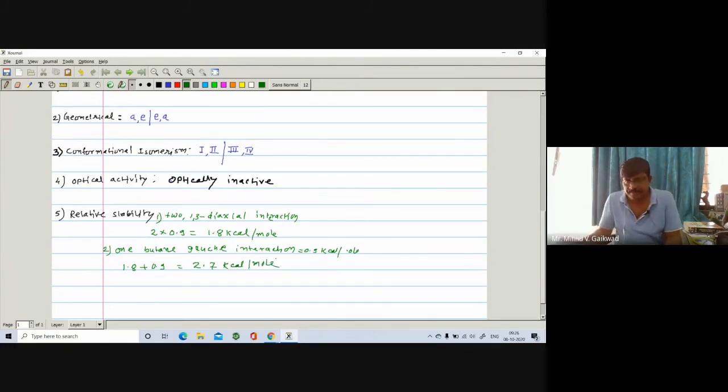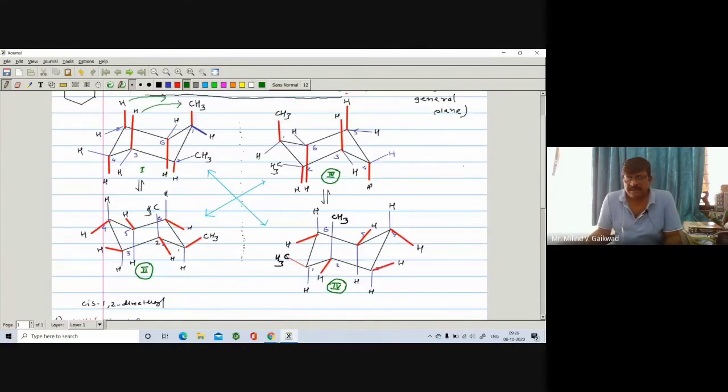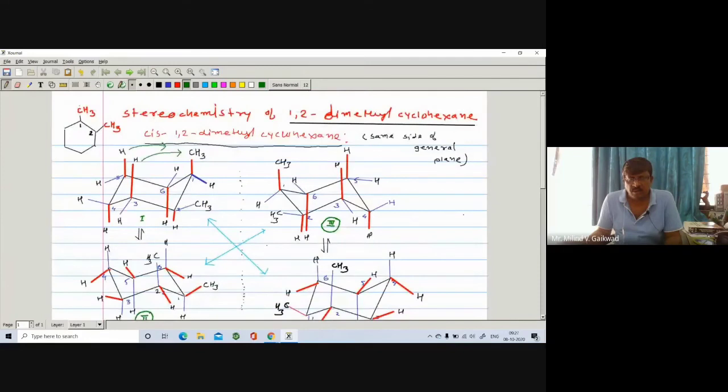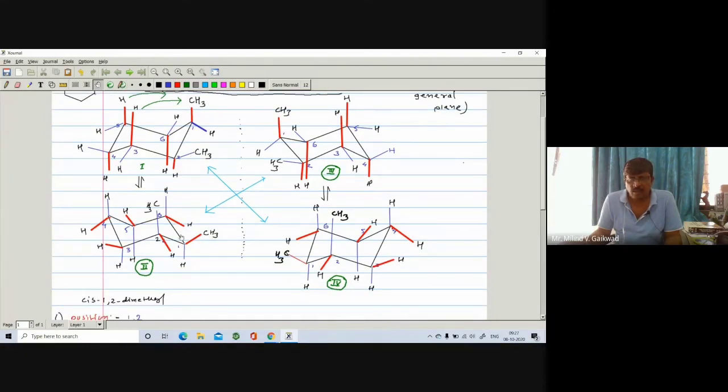So you have seen here in cis-1,2 dimethyl, at positions 1 and 2, the methyl group is axial and the other is equatorial. So axial-equatorial or equatorial-axial. So they are the cis compound.